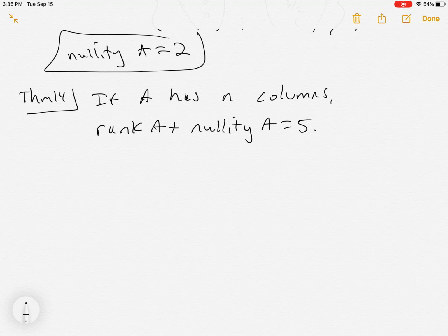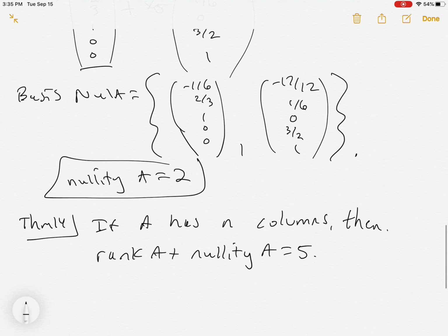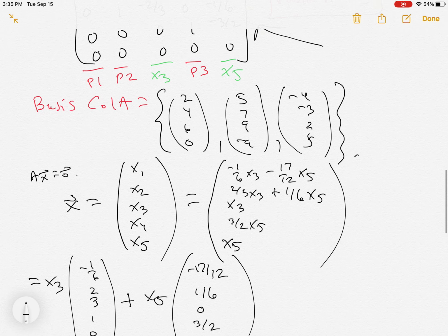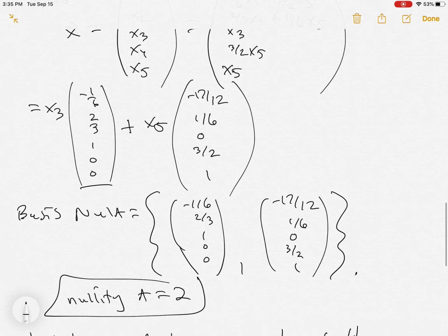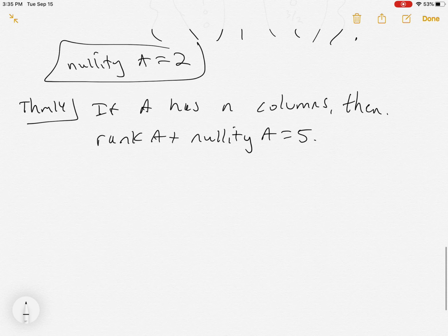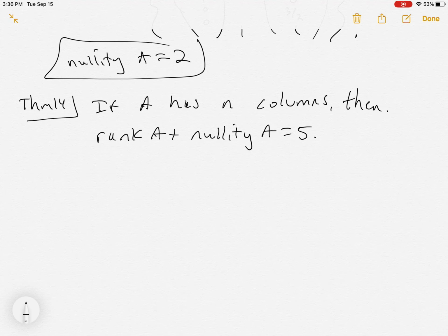This is huge. This is an if-then classic theorem, right? If A has n columns, then the rank of A plus the nullity of A is n. So we have the nullity is 2, rank is 3, and 3 plus 2 is 5, which is the number of columns. Okay?